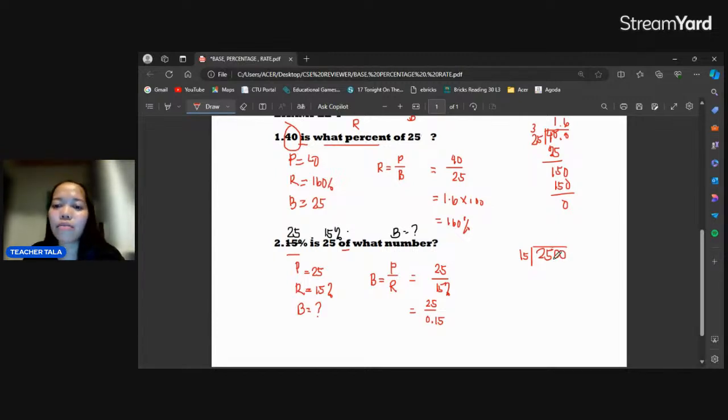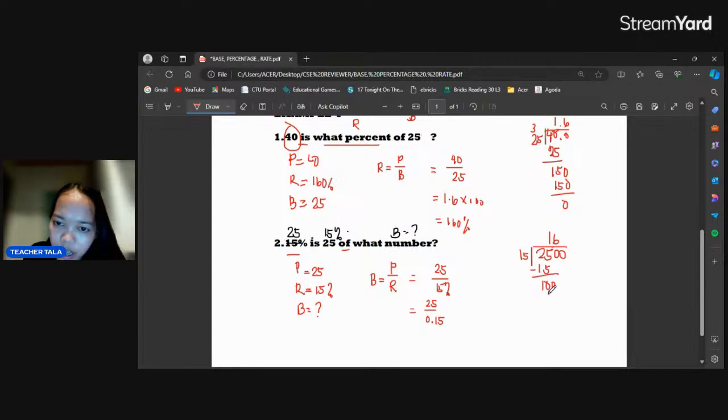Now we have 2,500 divided by 15. So we can now divide. That's 1. 1 times 15 is 15. Now let's subtract, and that's 10. 100. How many 15s are there in 100? 30, 60, 90. That's 6.